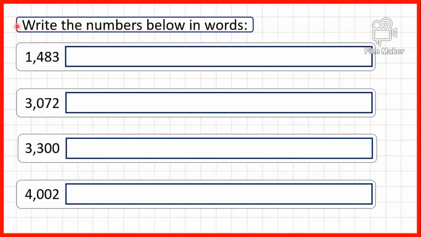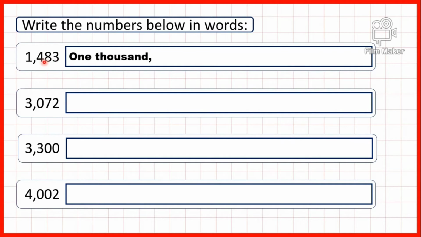We need to write the numbers below in words. So we can see that all of the numbers that we have here have 4 digits. And the first digit in a 4-digit number tells us how many thousands we have. So here we can see that for this first number, we have 1 as our thousands digit, so we can write 1000.